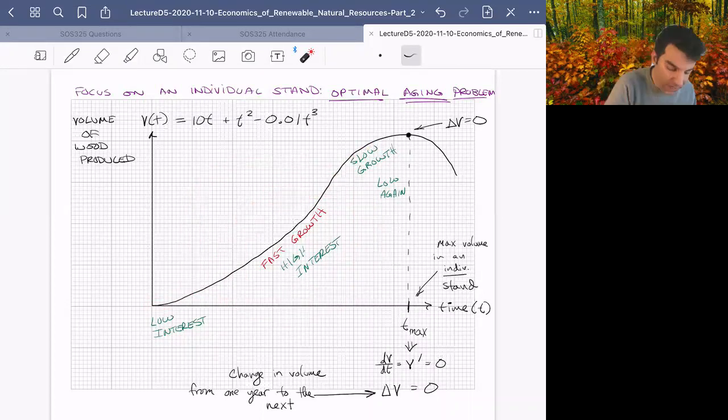So then the question is, where do we do the cutting then? Exactly where do we do that cutting?